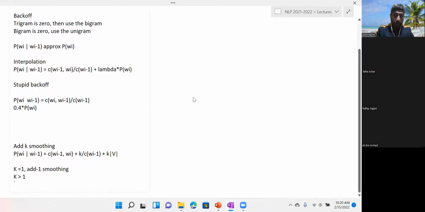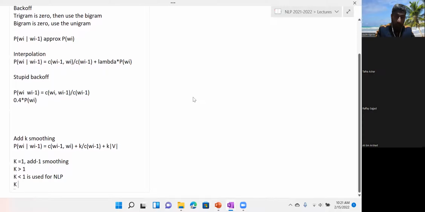So in this case, we would like k less than 1 to be used for NLP. There's no issue in using non-integer values. In general, for NLP, k would lie in the interval between 0 and 1.